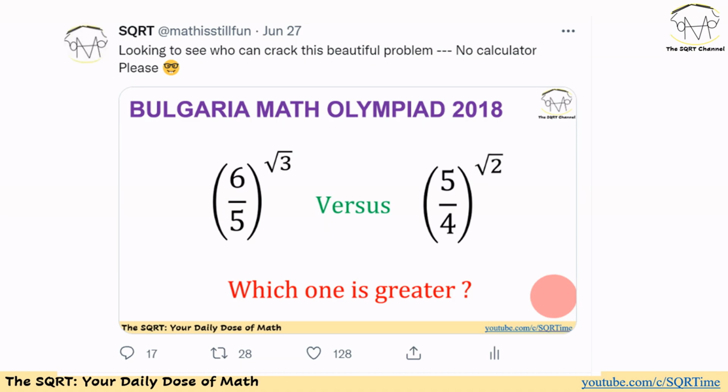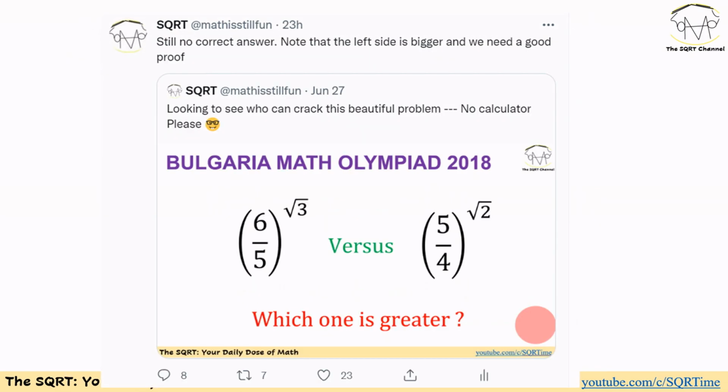We got a lot of interest, but none of the answers were correct. Then I posted the question again, and this time we got some new answers. They were right, but too complicated. So let's see how we can solve this problem with a rather simple approach.